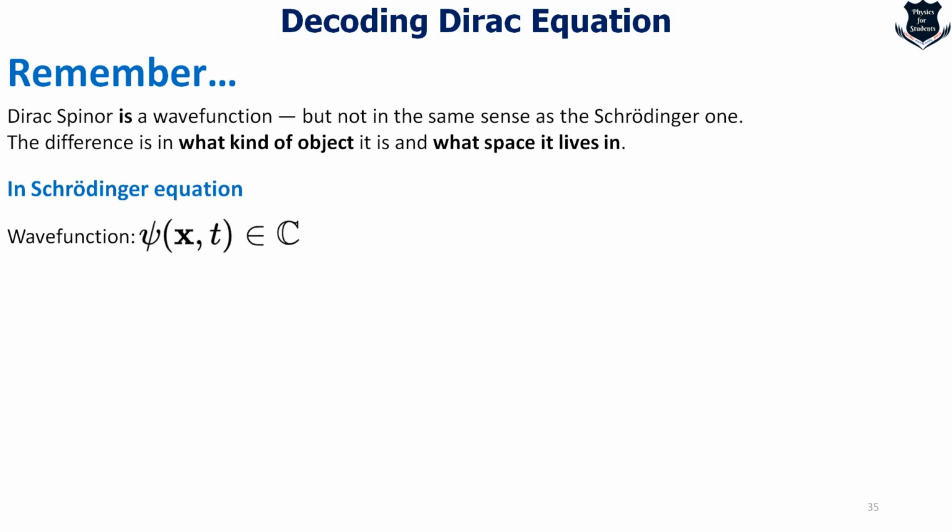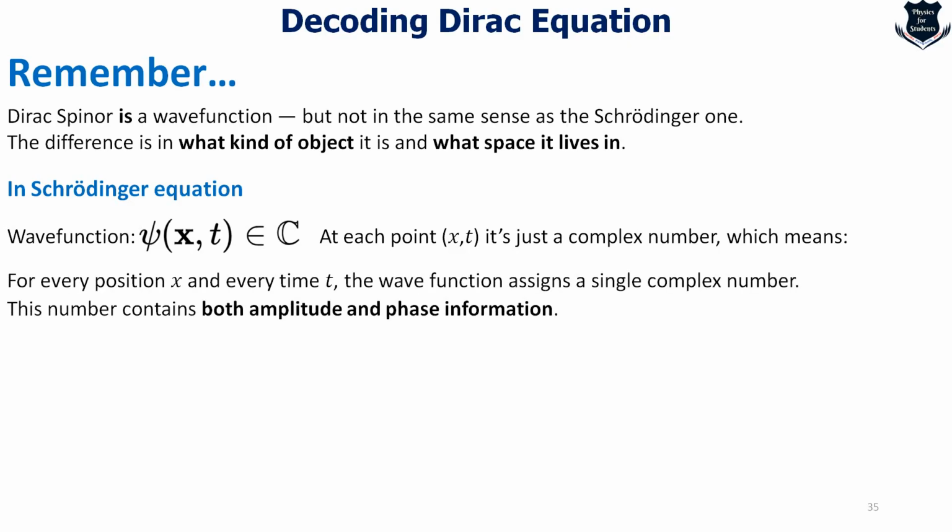Now in the Schrodinger equation, as you can see, what we get is something like this. It is just a single complex valued function, which means that at every position x and every point in time, the wave function assigns a single complex number. I mean to say the Schrodinger equation. So what does this number contain? Both amplitude and the phase information of that particular wave.